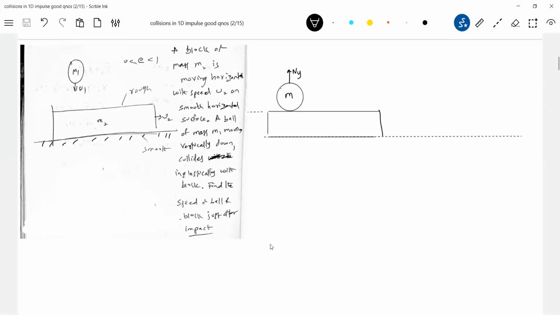So this will be Ny into delta t. Let's call this Jy, and that impulse will also act here, N into delta t.